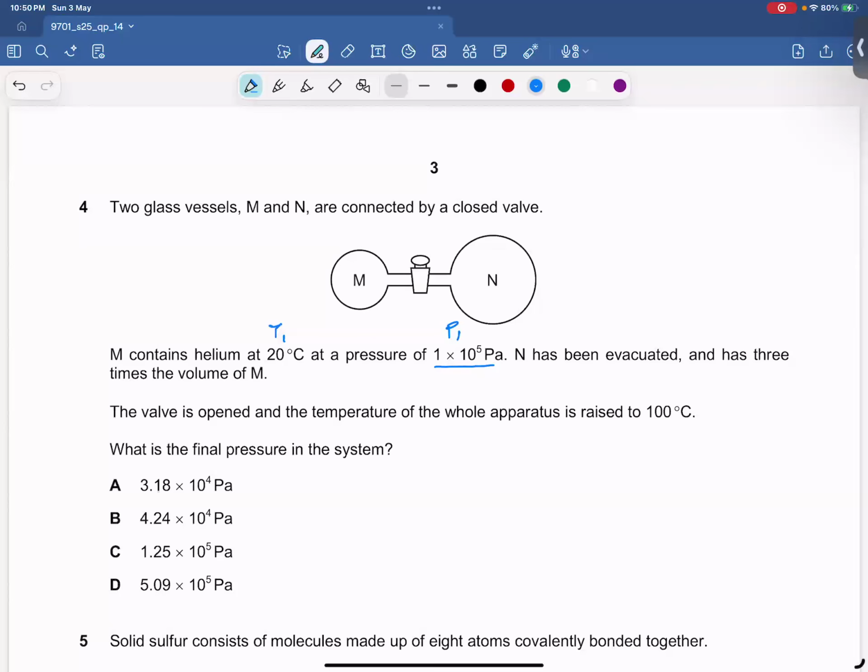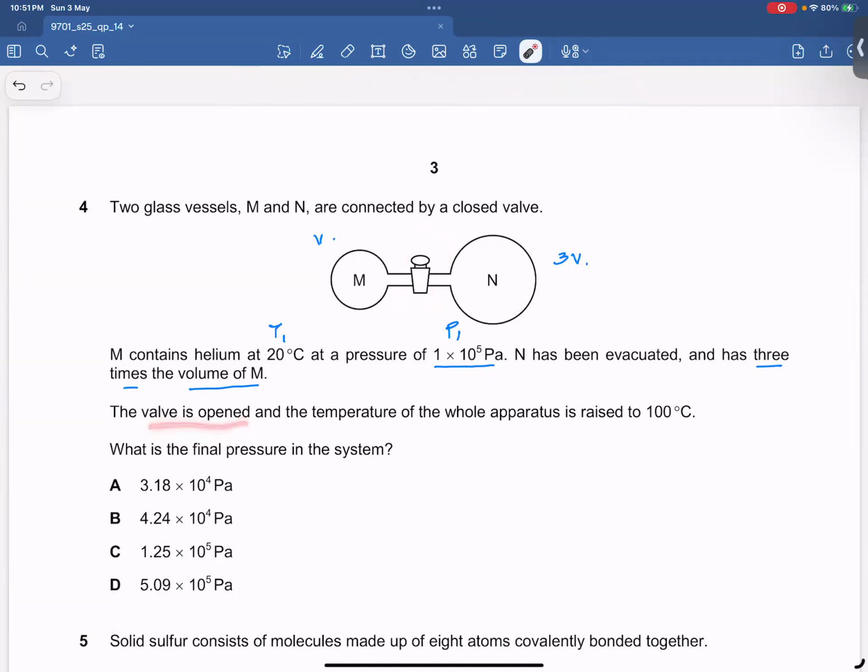N has been evacuated and has 3 times the volume of M. So if M has volume V, N is basically 3V and M is basically V. Both the vessels are interconnected with a valve.